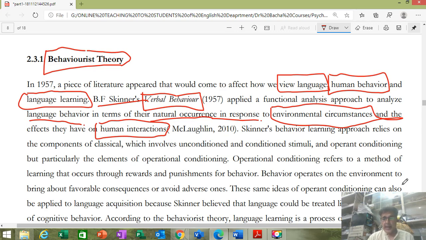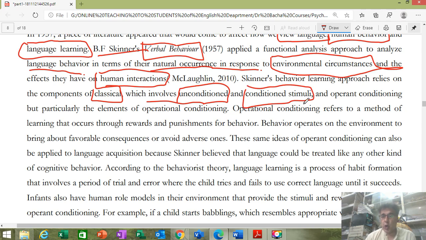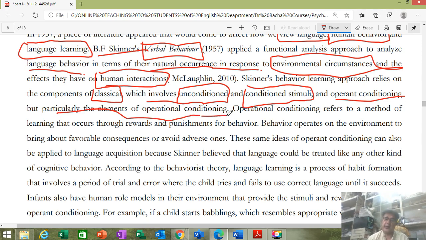All right. Skinner's behavioral learning approach relies on the components of classical conditioning, which involves unconditioned and conditioned stimuli, and operant conditioning, particularly the elements of operant conditioning. Now let me tell you what operant conditioning refers to.